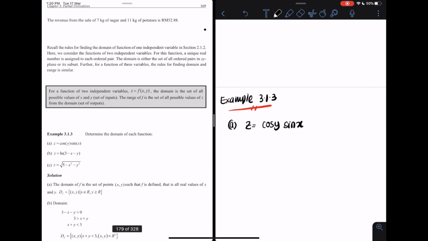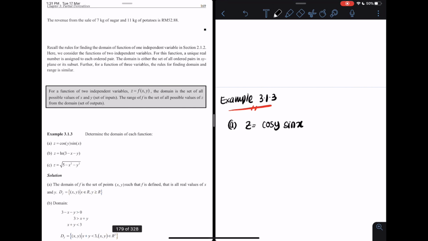By default, if you choose any value for x, any value for y, if you use your calculator, you will get the value. There should be no problems with the function on the right hand side. So basically, it is quite different when you try to write down the domain of function of two variables.